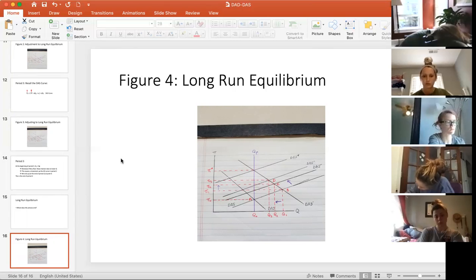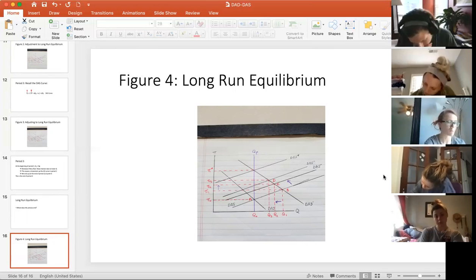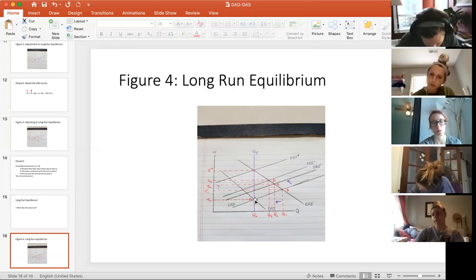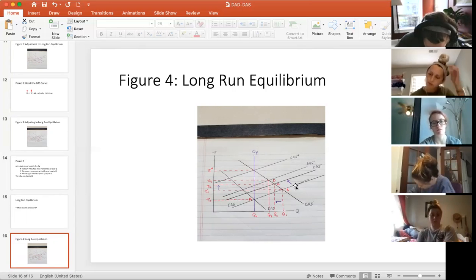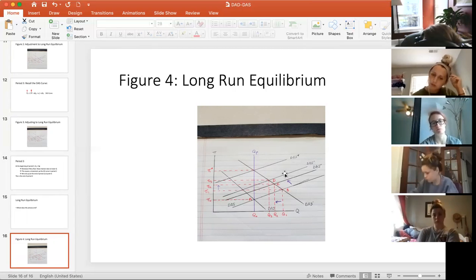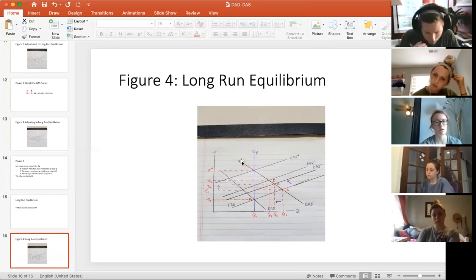So, Dr. Greenlaw, is there only one shift in DAD? Correct. Let me say it differently. In DAD, there's one demand shock, and then everything else is a response to that. Everything else is endogenous in the story.